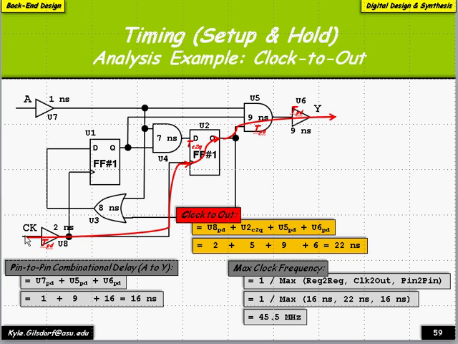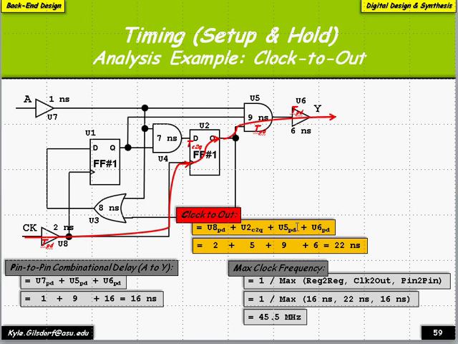Let's look at the clock to out path. The clock to out path is going to take the clock relative to the output going through a flip-flop in our design. So we're going to pass through U8, we're going to take the propagation delay there, include the clock to Q of the flip-flop, through the propagation delay of the AND gate and the propagation delay of the buffer there.